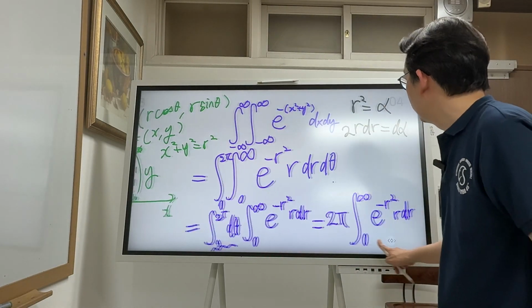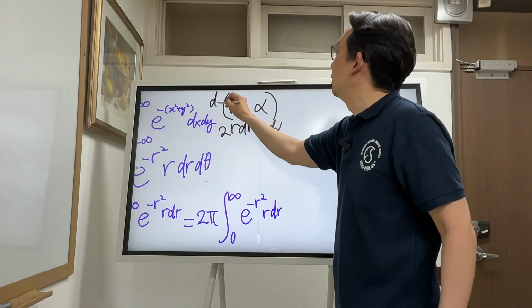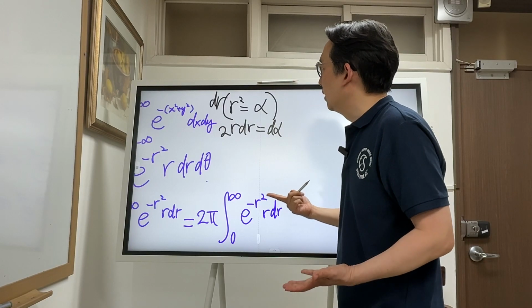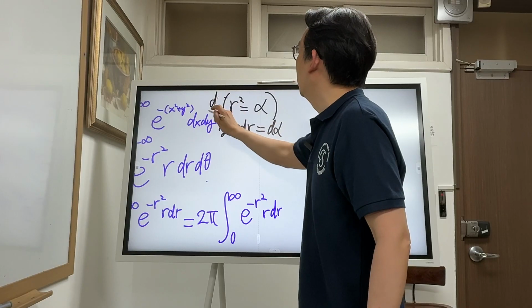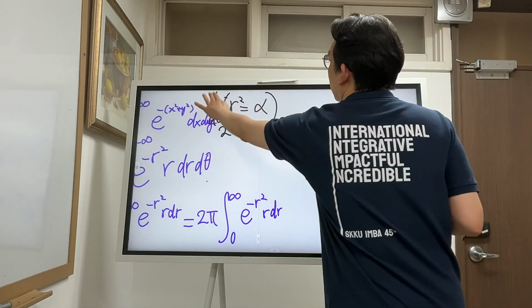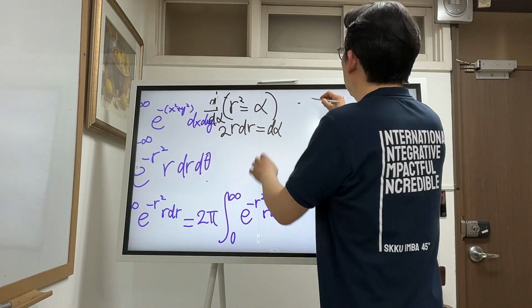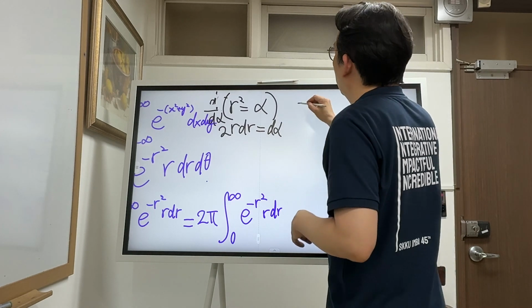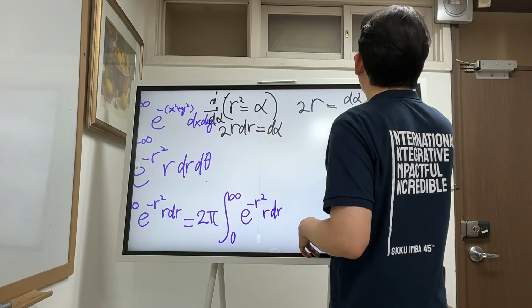I took the derivative of both sides, and on the left-hand side it's 2r dr, and the right-hand side is d alpha.